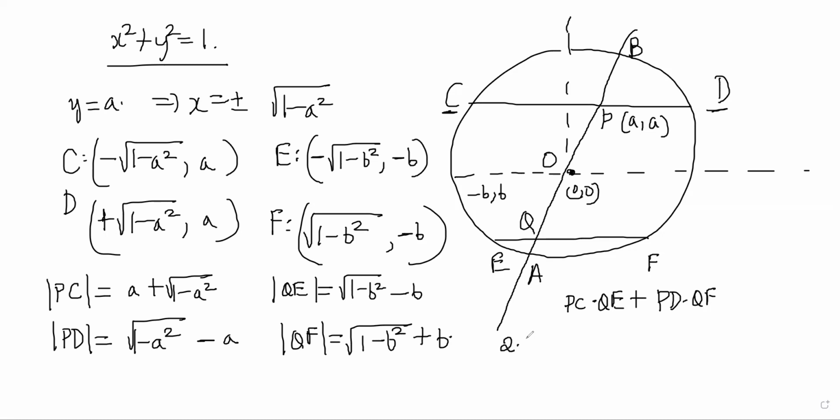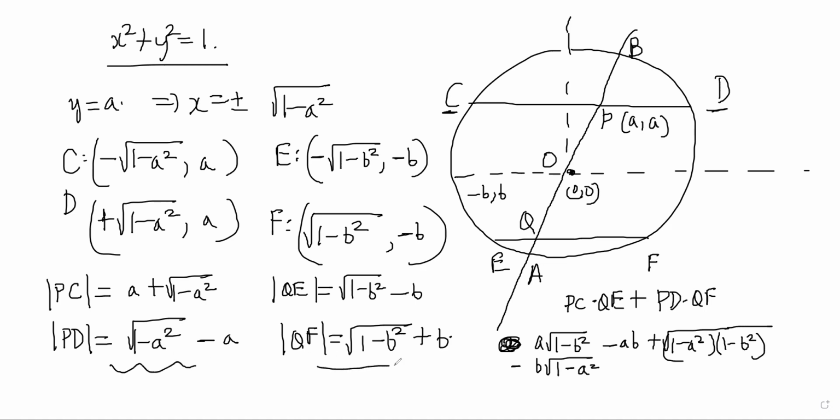Okay, we'll just calculate it out. We have root over 1 minus b square minus ab plus root over 1 minus a square 1 minus b square, minus b root over 1 minus a square, and plus PD into QF.